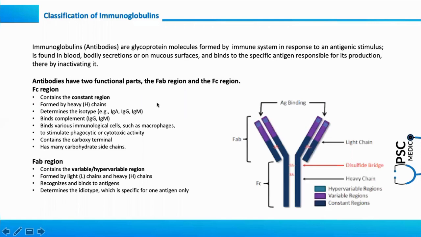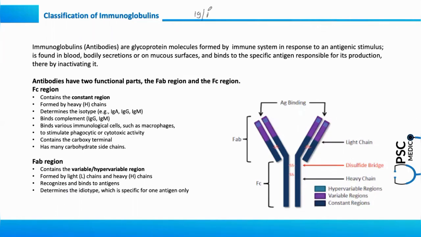So the first thing is the classification of immunoglobulins. The whole discussion of immunology is more of a theory type, so I'll try to make it interesting by adding some clinical examples in between. But everything is factual.